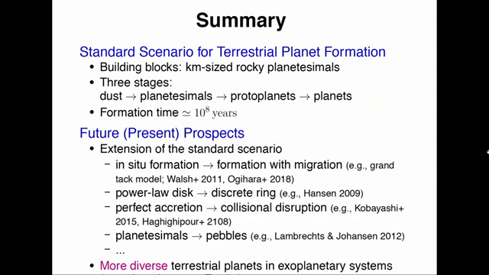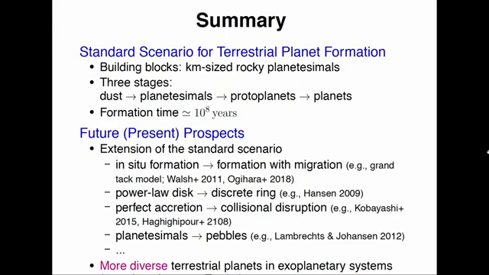The time scale is 10 to the 8 years. These are what I already explained, the present prospects. In these ways, this standard scenario is now being extended and modified.